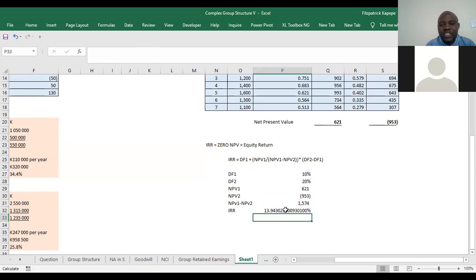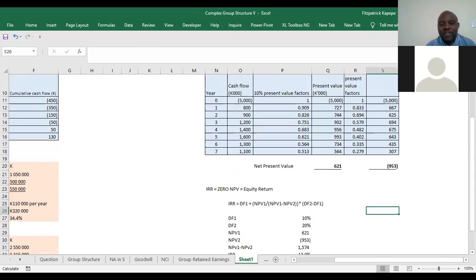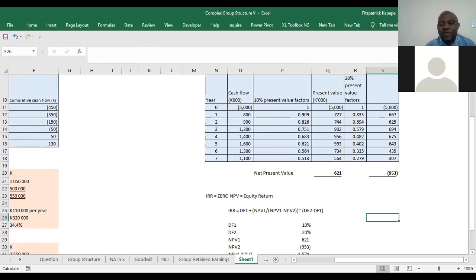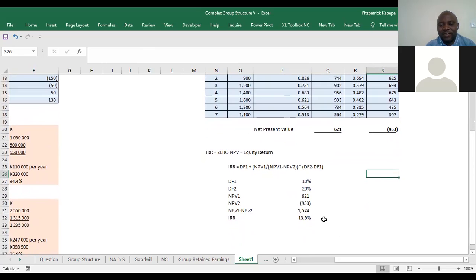So internal rate of return is 13.9%. But if I was using Excel, which is very accurate, I would say equals IRR.